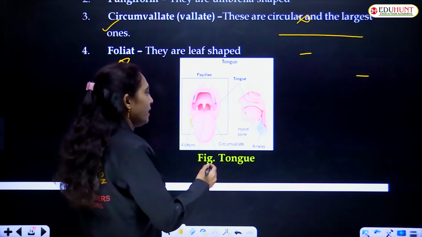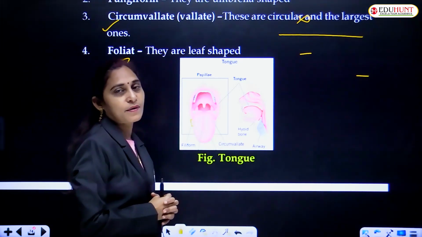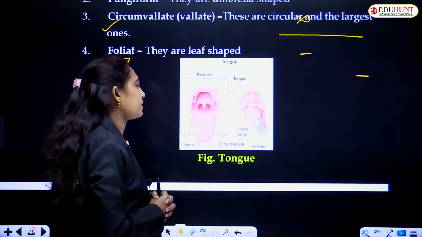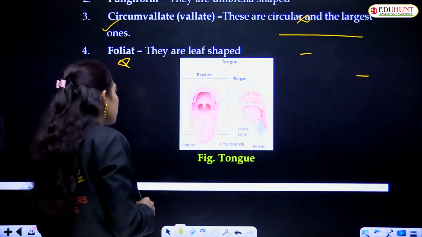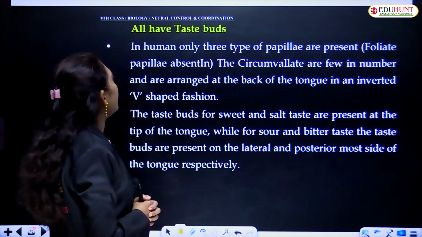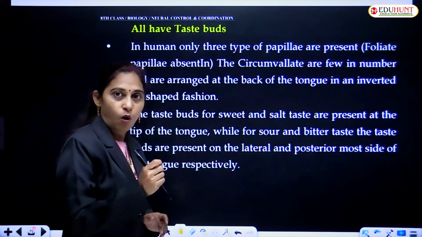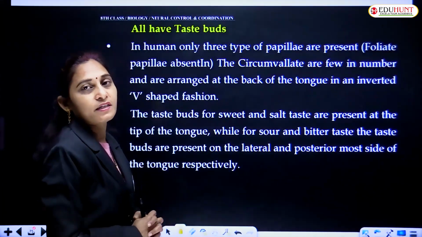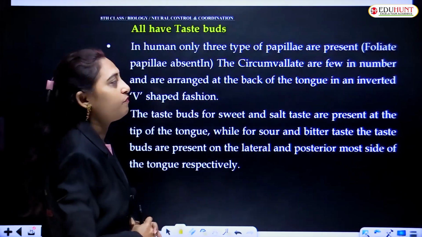And circumvallate are present at the posterior part of the tongue. All types of papillae have taste buds except the filiform.